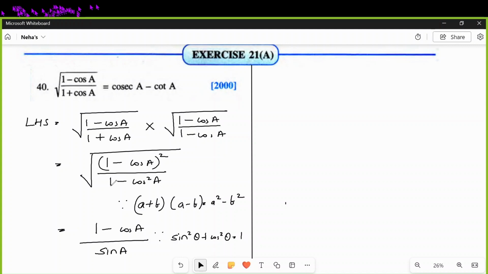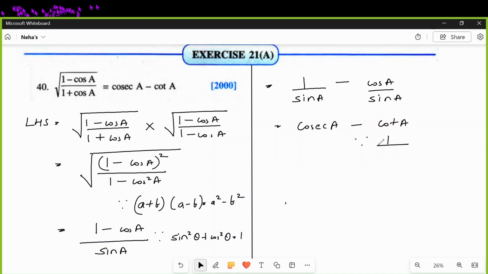Therefore 1 minus cos square theta can be written as sine square theta, and the square root of sine square theta is equal to sine theta. Now we can write it as 1 divided by sine A minus cos A divided by sine A. Left hand side will become cosec A, and right hand side here will become cot A.